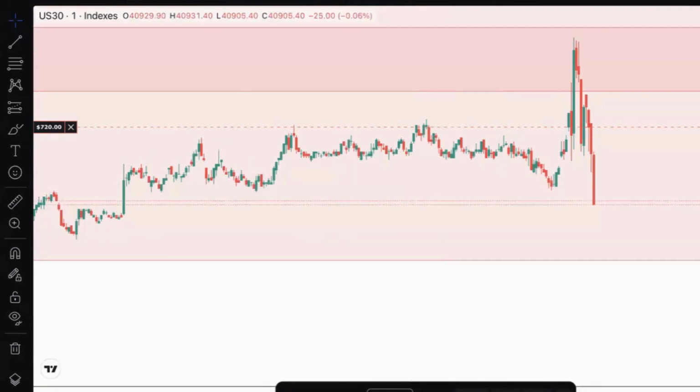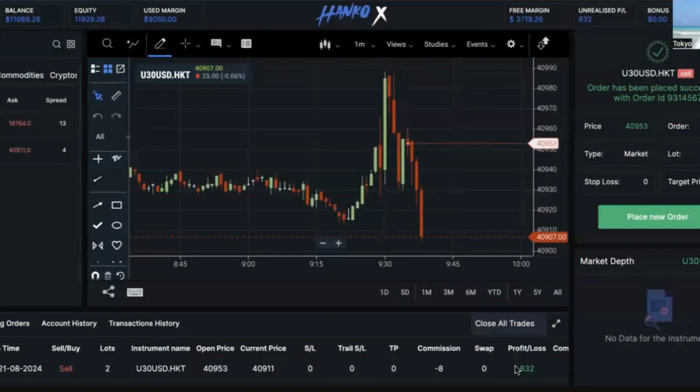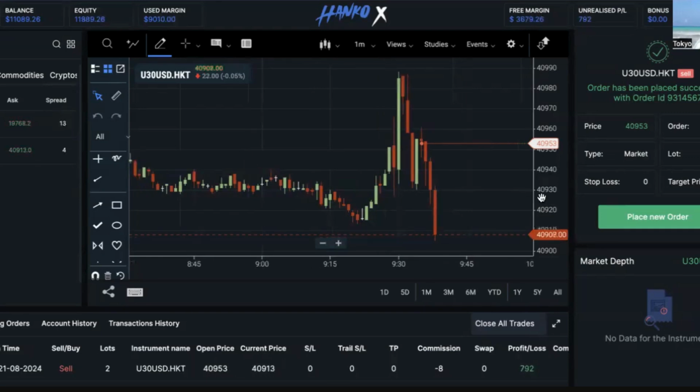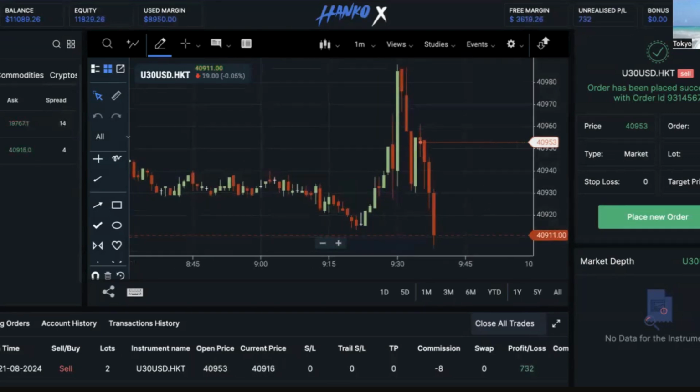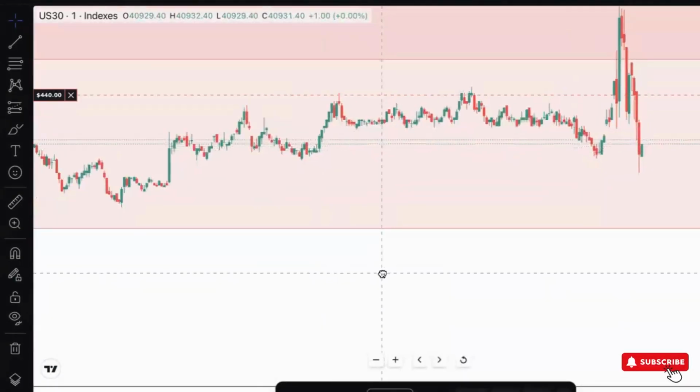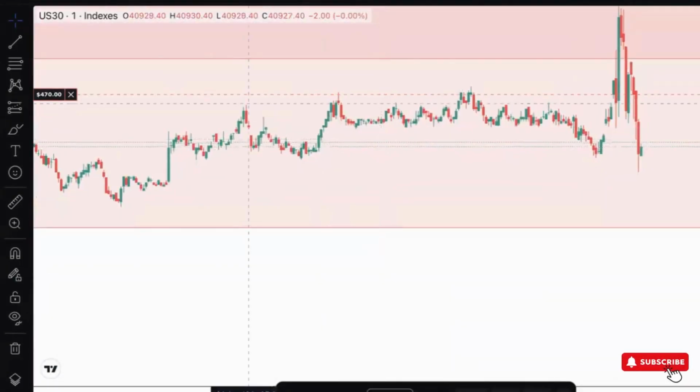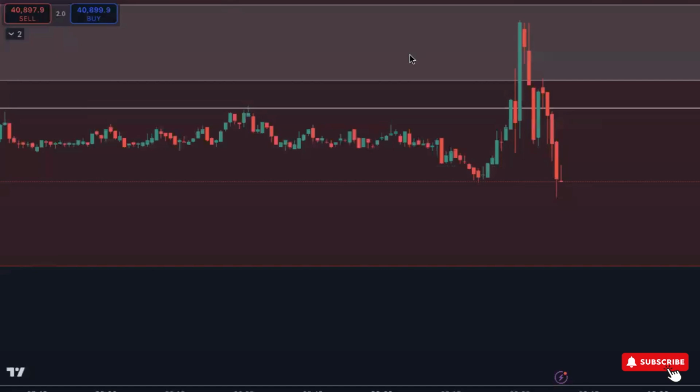And I followed my trading plan, and I'm up 800 bucks on my Henko Trade platform. I'm gonna let it run. Let's see where I'm gonna take this trade to.